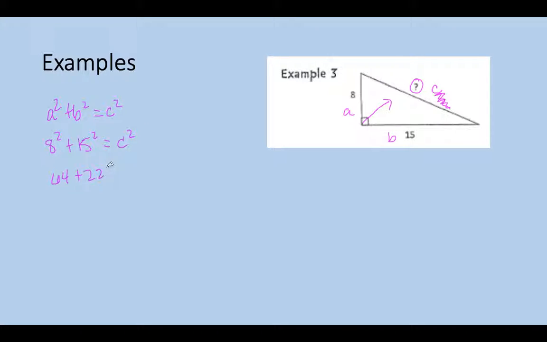You all should know from the last few weeks we've been going over our squares and our square root values. So we add these two sides together, which gives us 289. So this becomes 289 equals c squared. In order to solve for c, we square root both sides, which means our missing side is 17. We don't have a unit of measure, but normally we would put that right there.